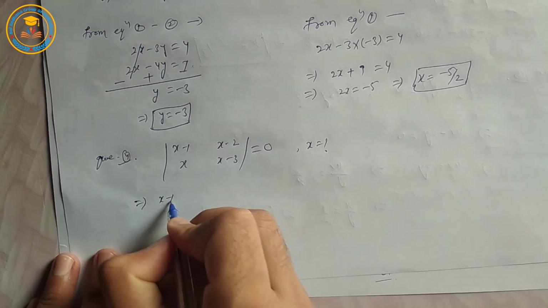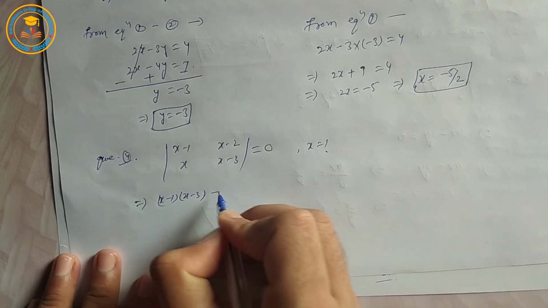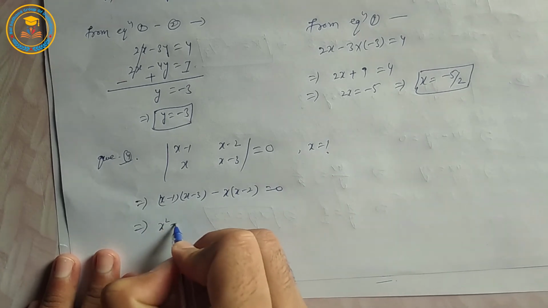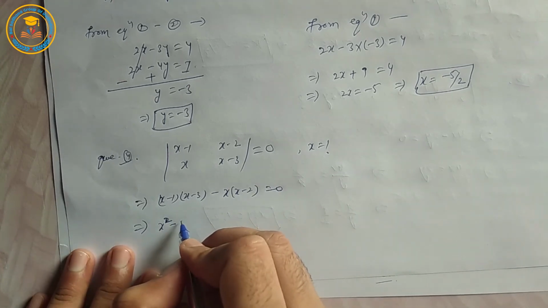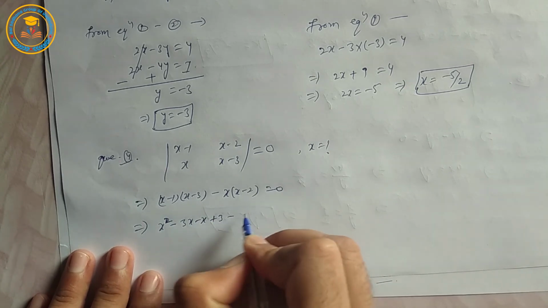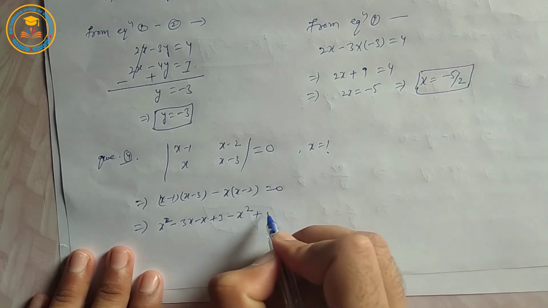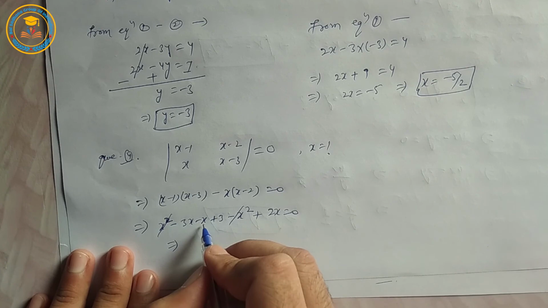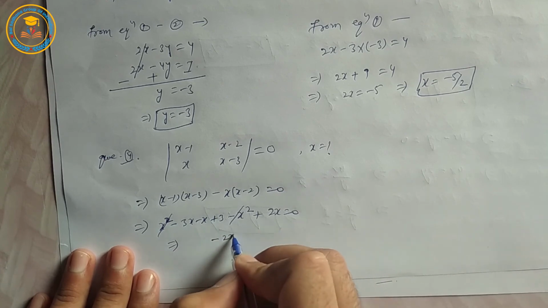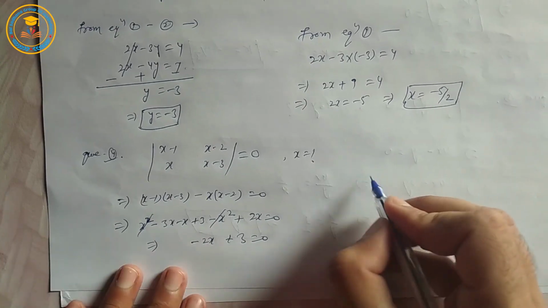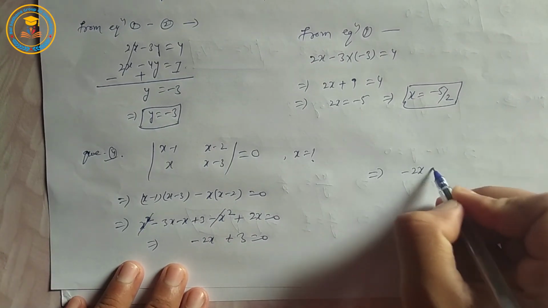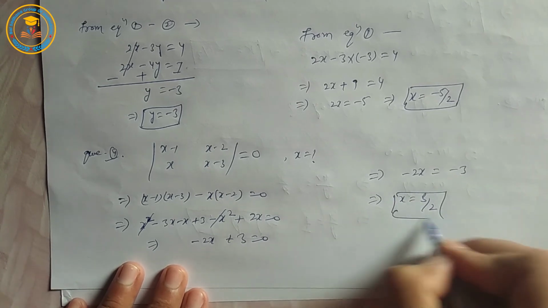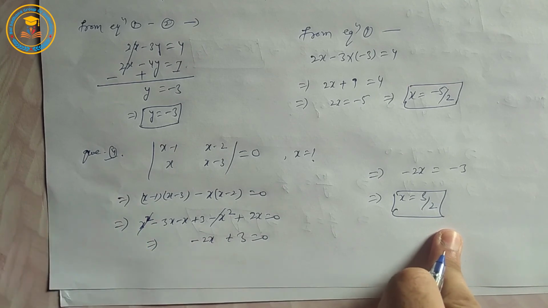It means (x-1)(x-3) minus x(x-2) is equal to 0, implies x square minus 3x minus x plus 3 minus x square plus 2x is equal to 0. X square cancels out. Minus 3x minus x plus 2x gives minus 2x plus 3 is equal to 0, and minus 2x is equal to minus 3. It means x is equal to 3 by 2. That is the answer of question number 4.